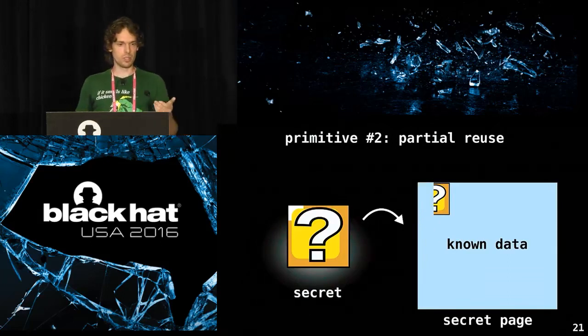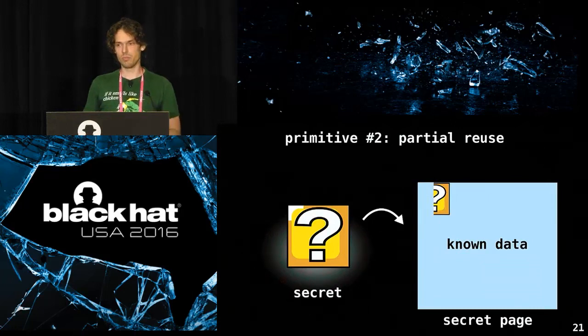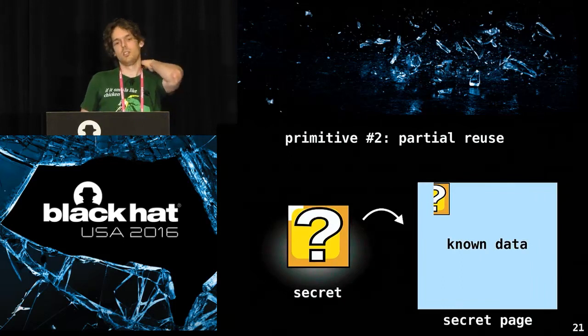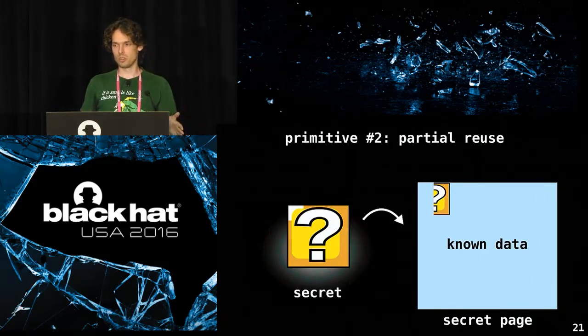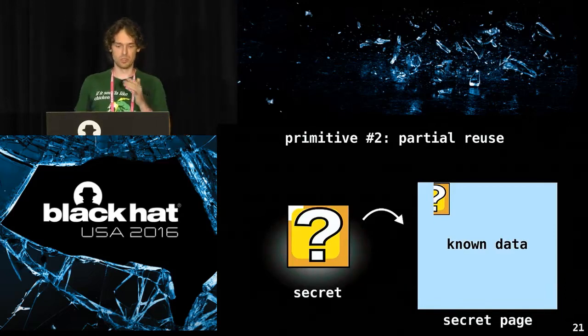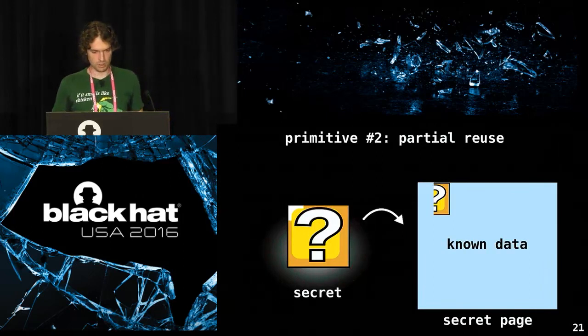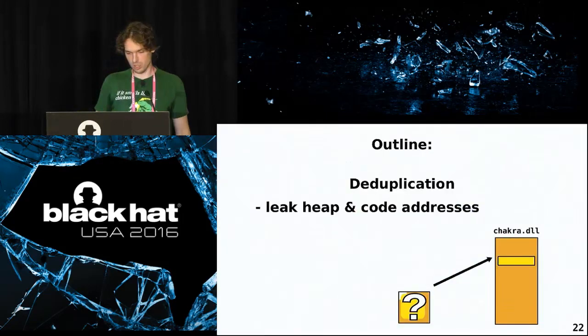Say you have a page somewhere, and then the ASLR pointer somewhere, and then the allocated memory gets freed, and then you get a new allocation with a buffer where you can push data. You push data up until a certain point where you overwrite part of the secret, and then wait for deduplication. So that's our second primitive.